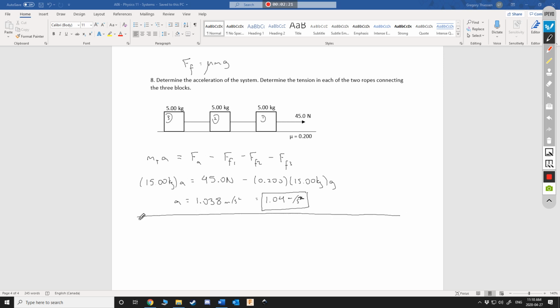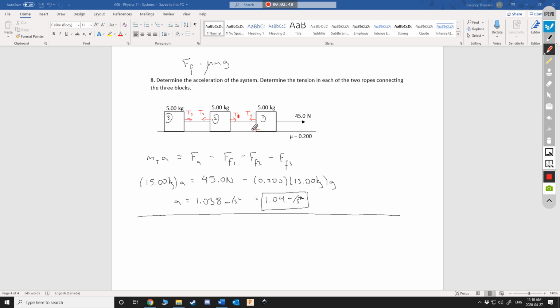Okay, now we can go ahead and solve for the tension force. So again, if we think about our free body diagram, our forces, like last time, we have some T1, T1, T2, T2.